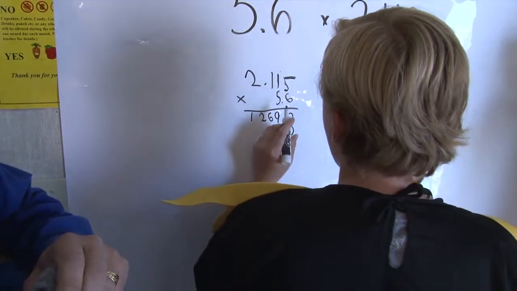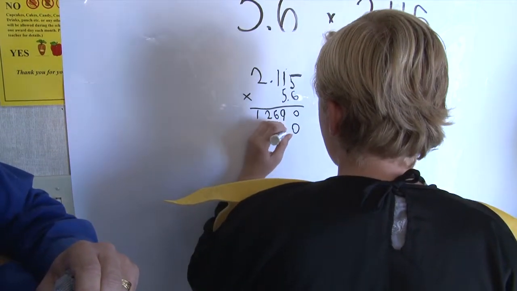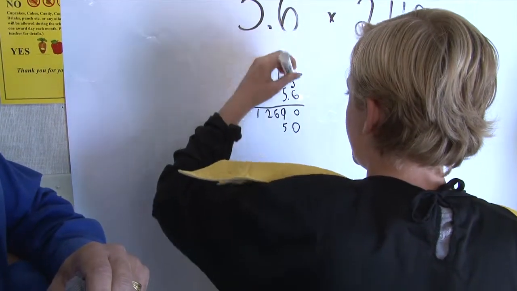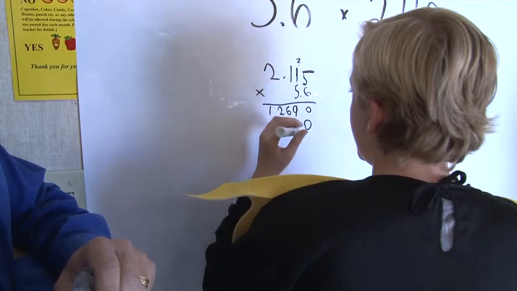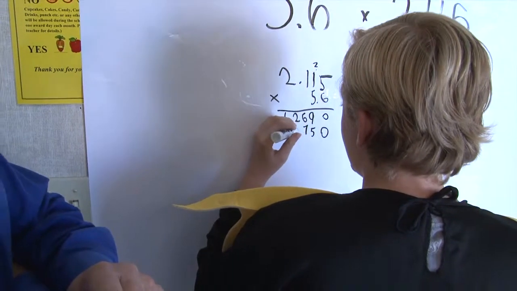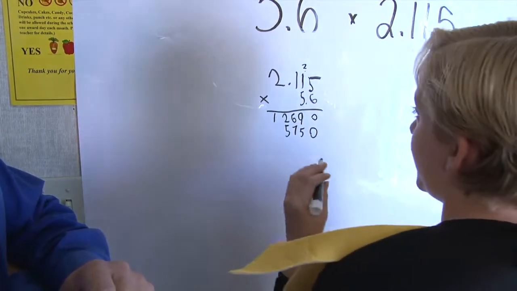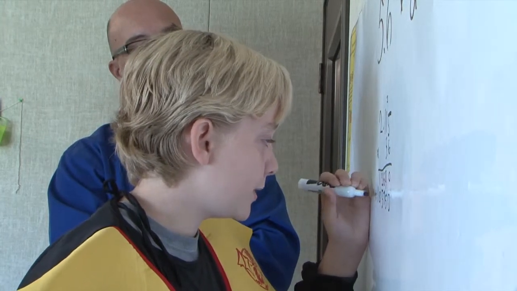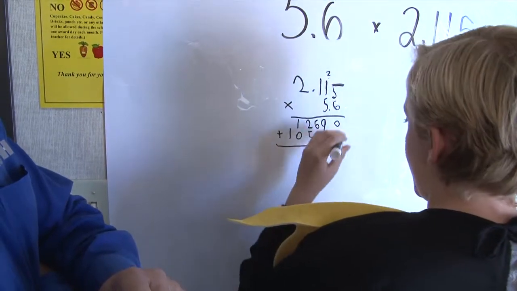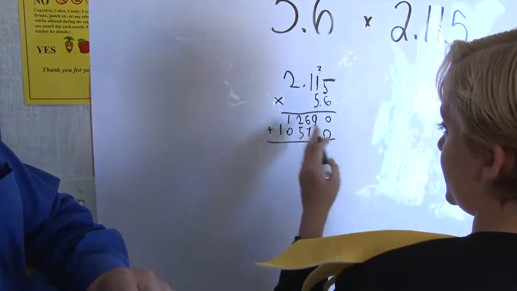Now 5 times 5 is 25, and I put the 2 up here. And then 5 times 1 is 5, plus 2 equals 7. And then 5 times 1 is 5. And then 5 times 2 equals 10. Now what we do is we add these two numbers together.